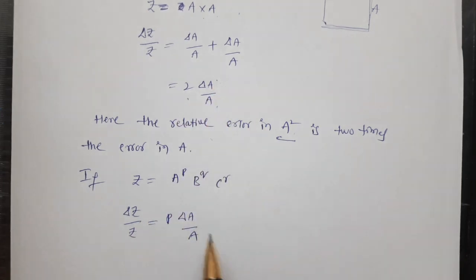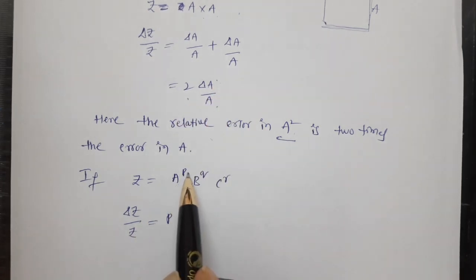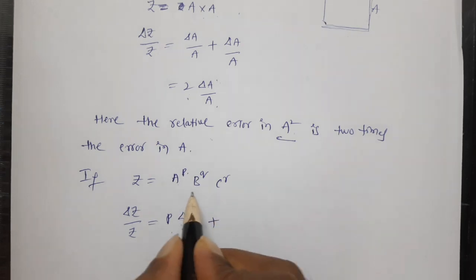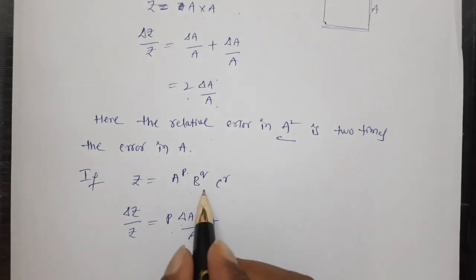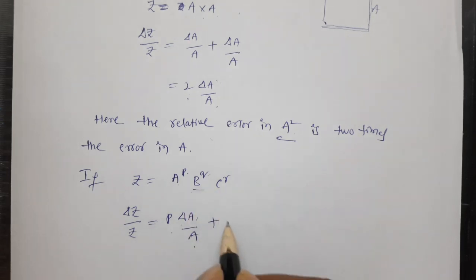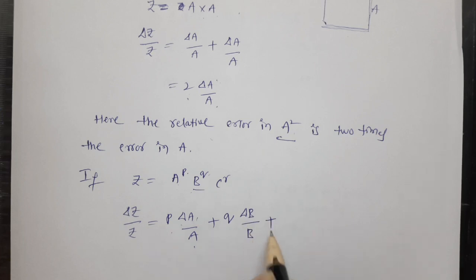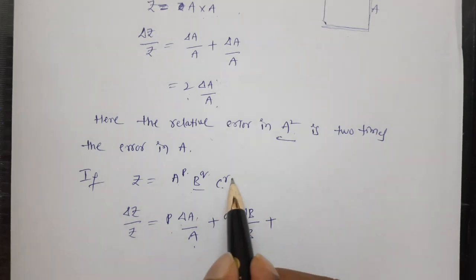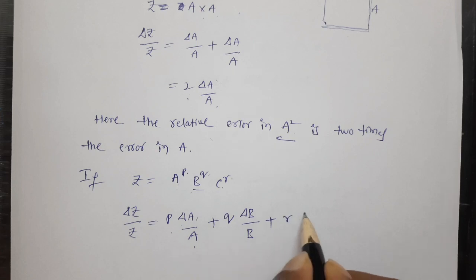In a similar manner, the relative error in a power p becomes p into delta a by a, plus, and these are in product, the relative error in b power q is q into delta b by b. In a similar manner, the relative error in c power r is r into delta c by c.